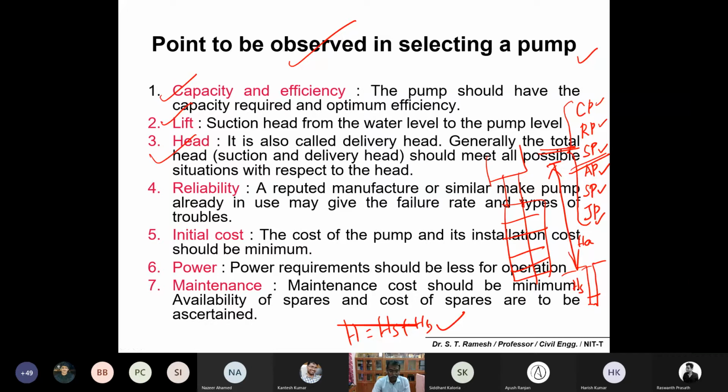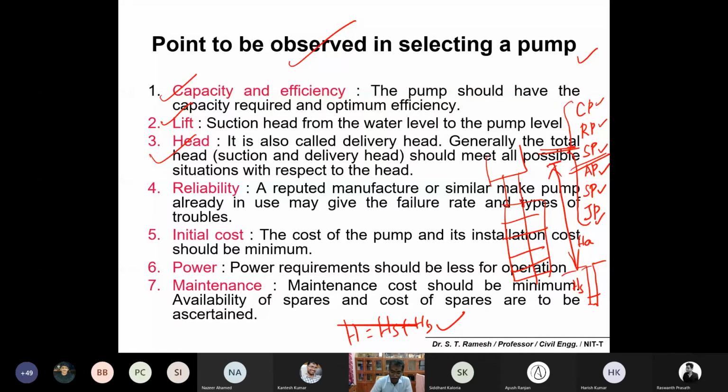And the fourth one is reliability and manufacturer, because normally people settle on a particular pump based on its reliability with a reputed manufacturer. You may also do a kind of survey, and sometimes people ask neighbors and others experienced with different types of pumps about the reliability of the pump and the type of pump.